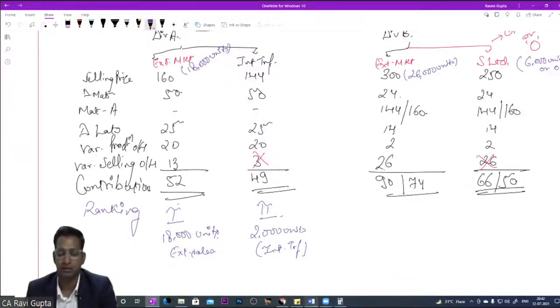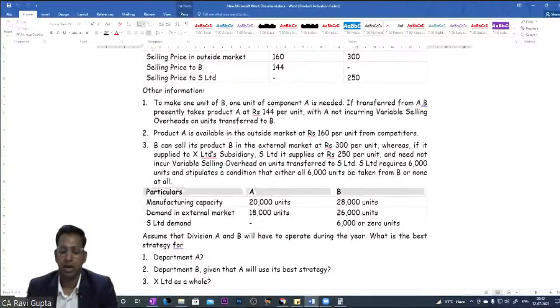What is it asking? Assume that divisions A and B have to operate during the year. What is the best strategy for division or department A?